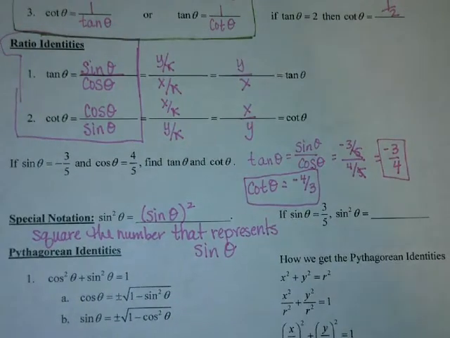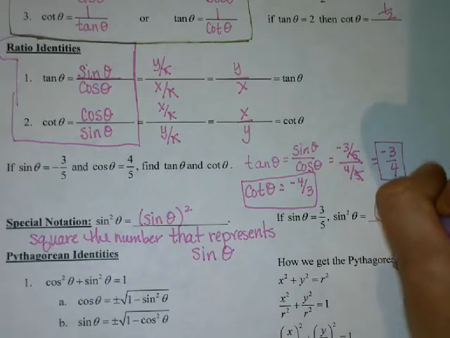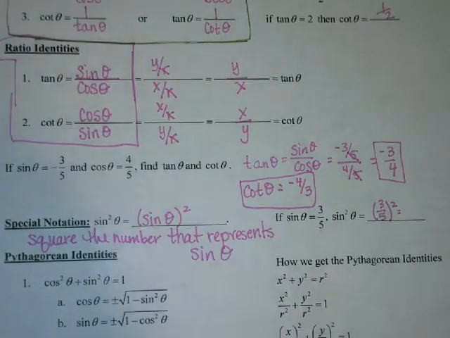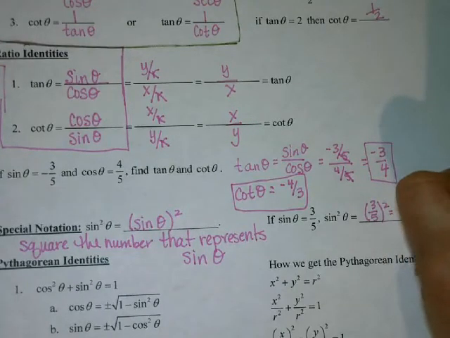So if sine of theta is 3/5, sine squared of theta is 3/5 squared. And we know if we square a fraction, we square the numerator to get 9, we square the denominator to get 25.